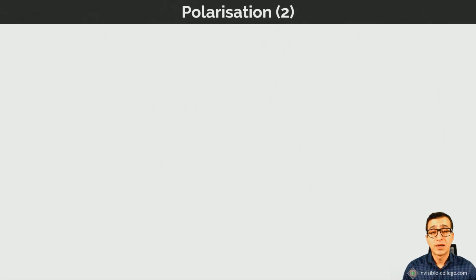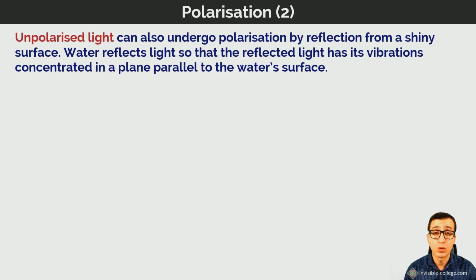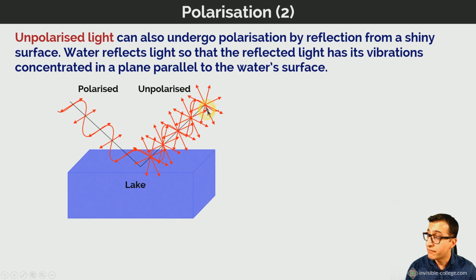Now, unpolarized light can also be polarized due to the reflection from surfaces such as water. Water reflects light so that the reflected light has its vibrations concentrated in a plane which is parallel to the water's surface. And so this is the effect of light being reflected from the surface of water.